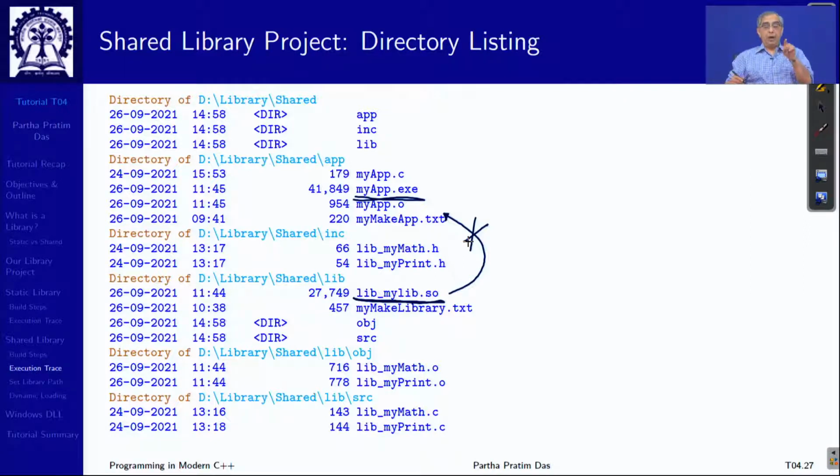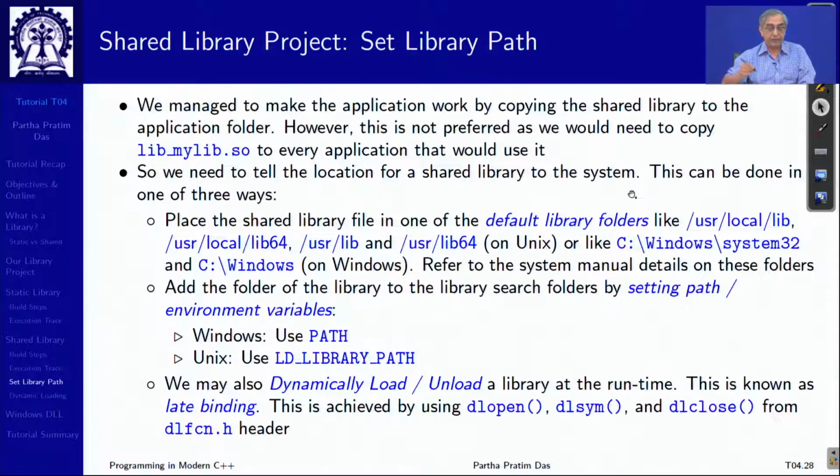So, somehow I have to be able to tell my application to go there and you will find the .so. That is certainly the preferred option. So, that process is known as set library path. Tell the system where you expect such library binaries to be found.